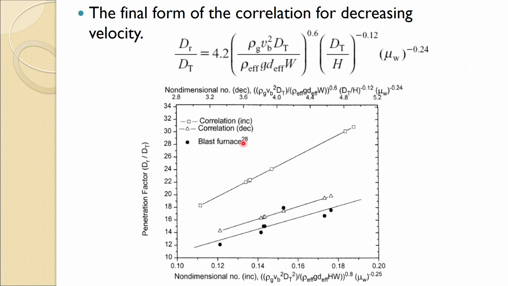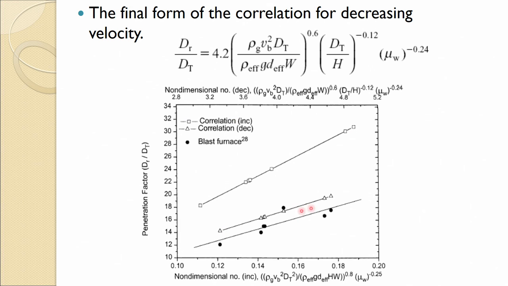One with the blast furnace, the Japanese blast furnace. These are the actual data of the operating blast furnace of the Raceway, and these are the predictions made by the decreasing correlation, and these are the predictions made by the increasing correlation.